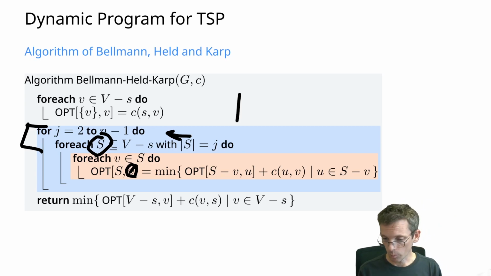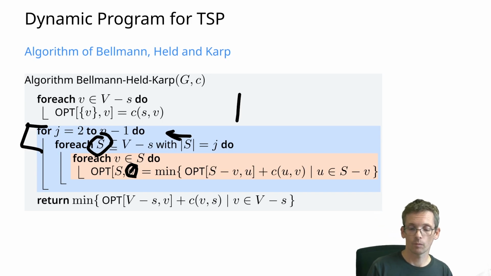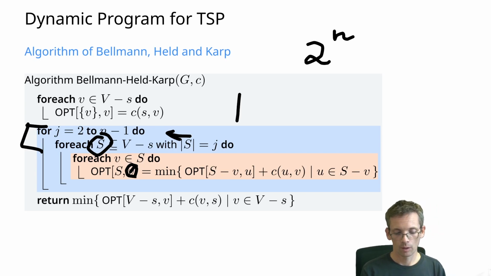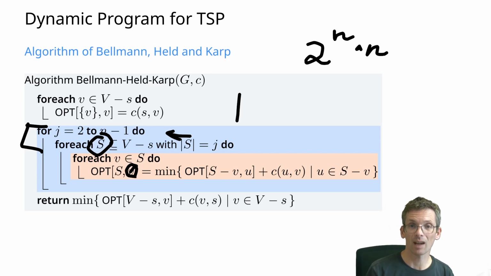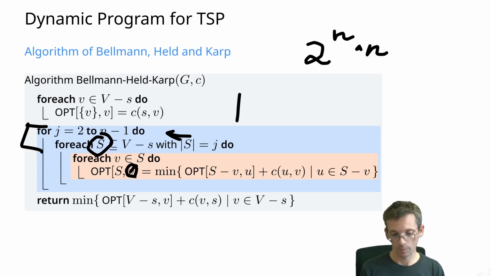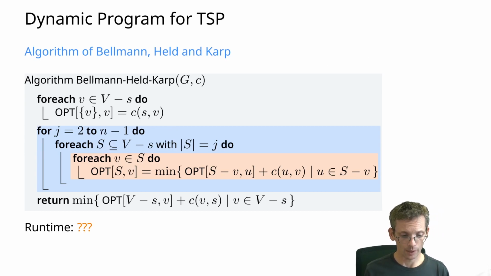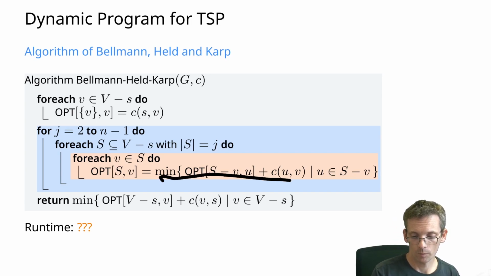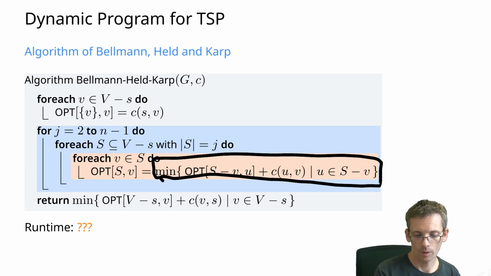So the number of subsets is 2 to the n. But I'm also combining it with every vertex, so the number of subproblems that I have is 2 to the n times n. Now what is the running time that I get? For every subproblem, this is a calculation that I do.